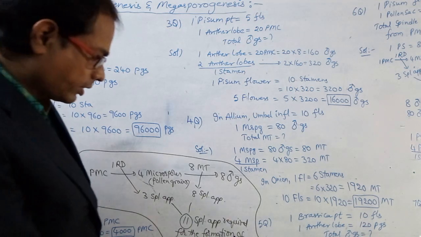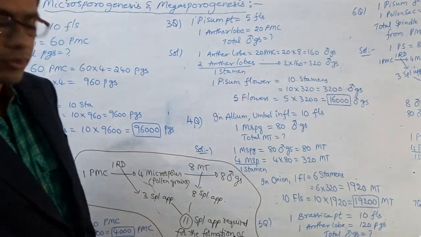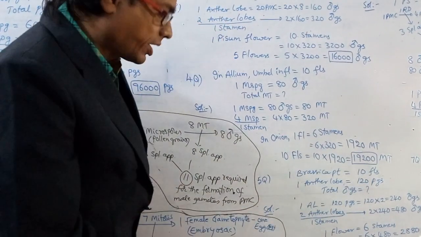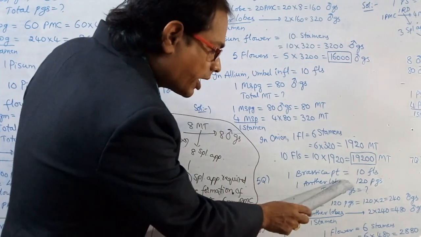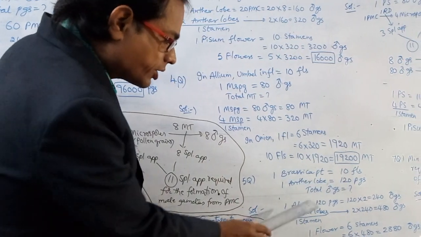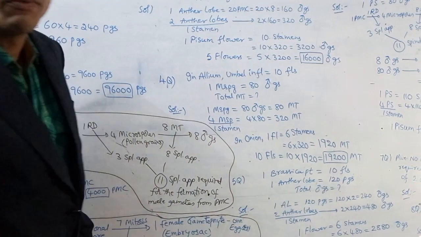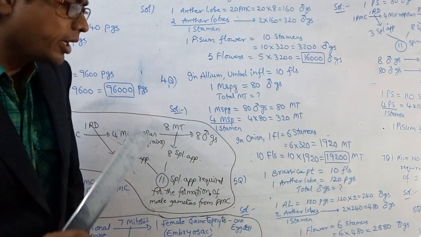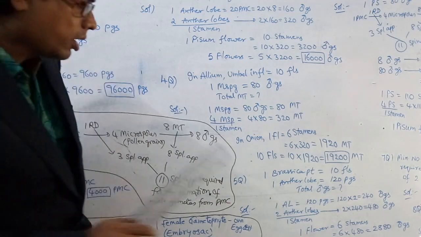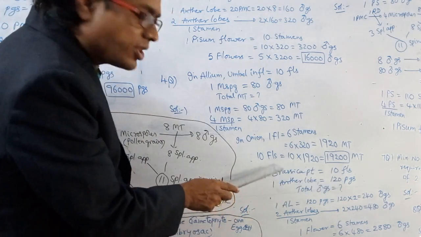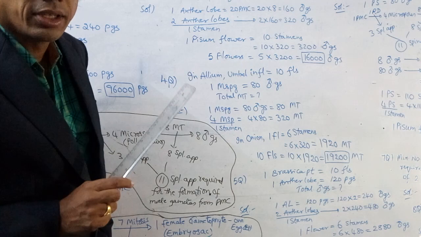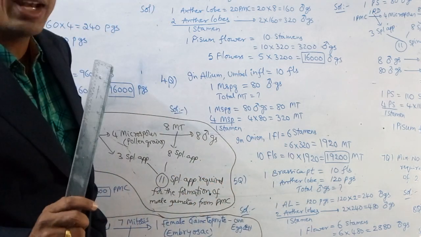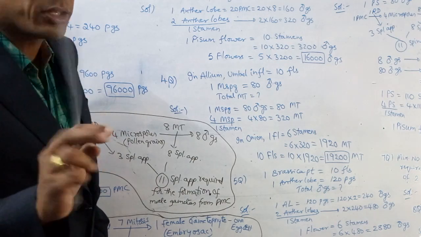Okay. Next question. One brassica plant contains 10 flowers. One anther lobe contains 120 pollen grains. Total male gametes formed. Here what they have given, anther lobe containing 120 pollen grains. See, brassica is a dithecous. They have given anther lobe. That means for one stamen, how many anther lobes are present? 2, not 4.